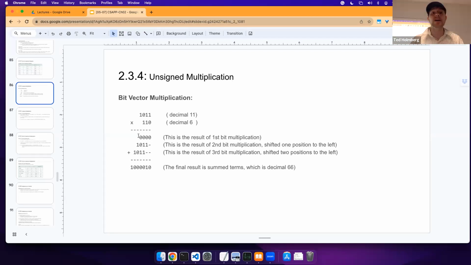And then I have a series of 3 results where I then sum them together. And now when I sum them together, that can produce carryover terms. So the result of my 11 times my 6 would then result in the decimal value of 66, which can be expressed as this binary term, right?